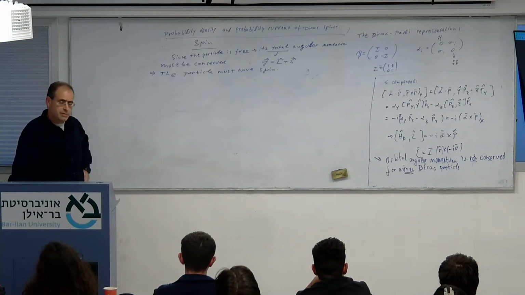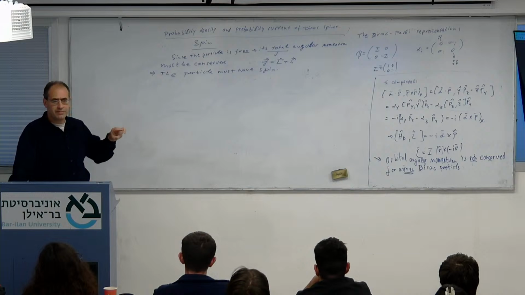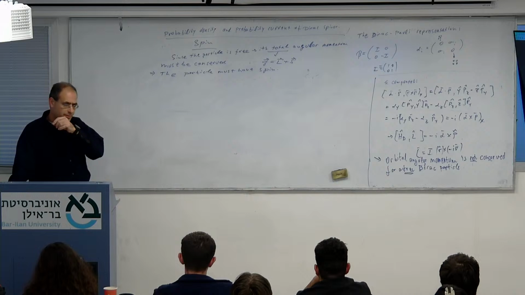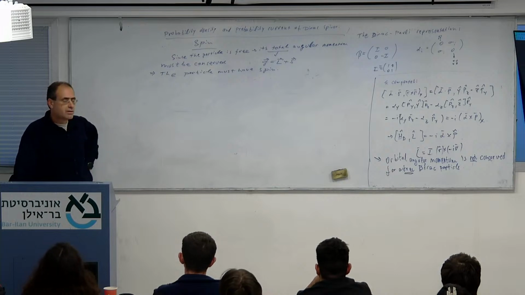No. Your orbital angular momentum is r cross p. You have to look at r, the location, and p, the momentum. The expectation value of the location. You mean in the realm of Schrödinger's equation? Yeah.